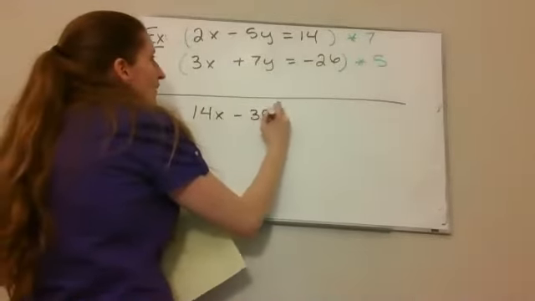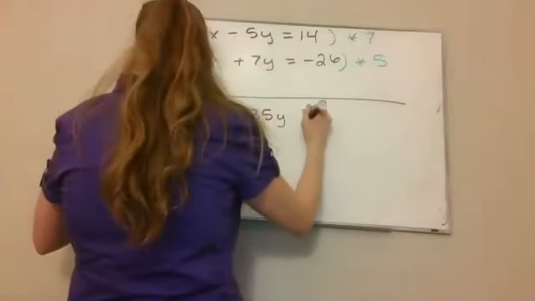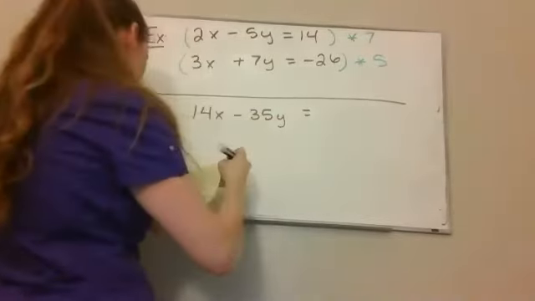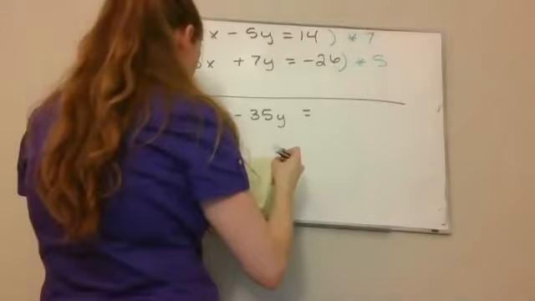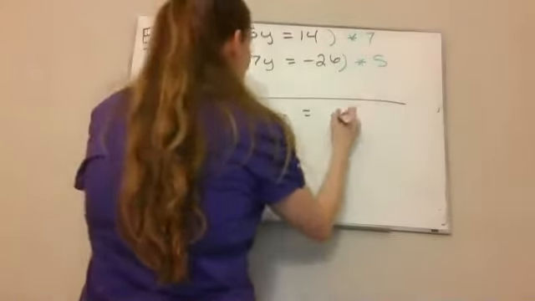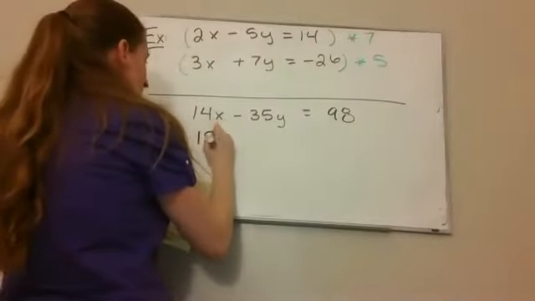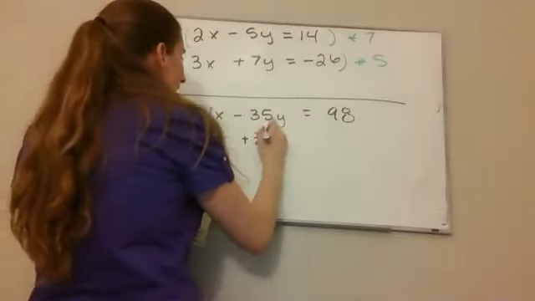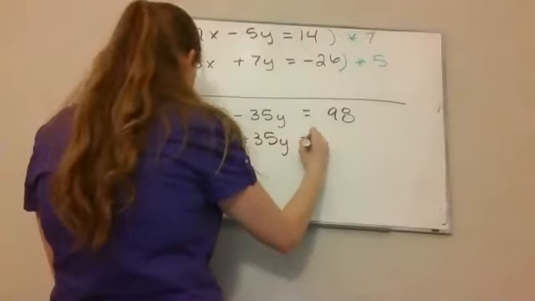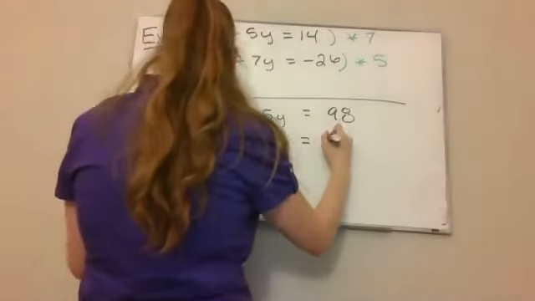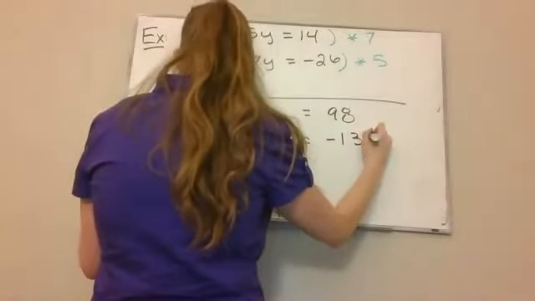14x minus 35y is equal to 98. And I have 15x plus 35y is equal to negative 130.